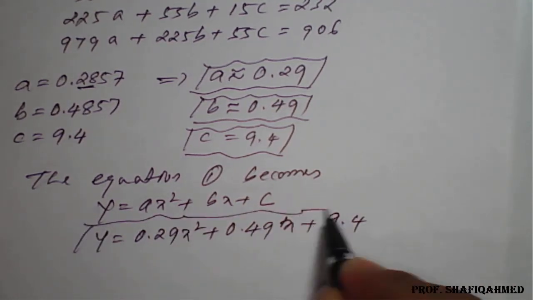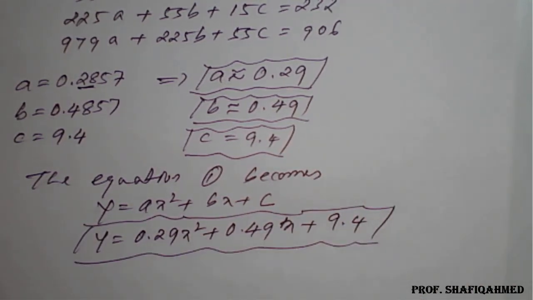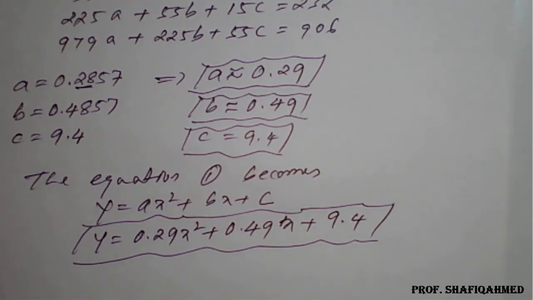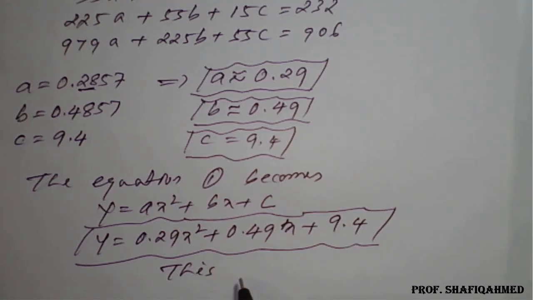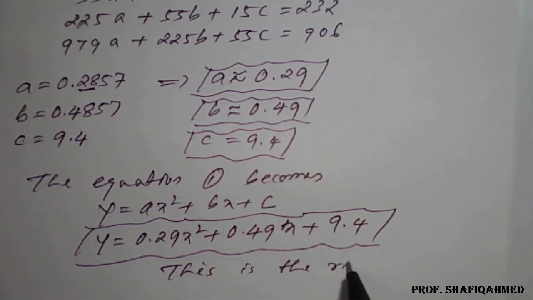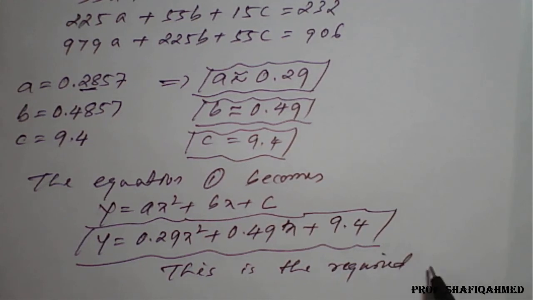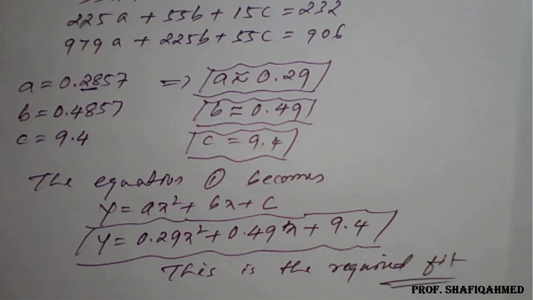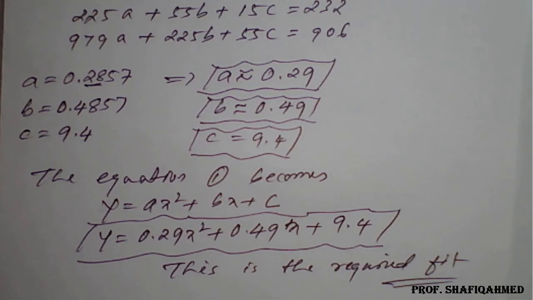So this is the required fit for the given second degree parabola. In this way we need to simplify a problem based on the second degree parabola using the method of least squares.